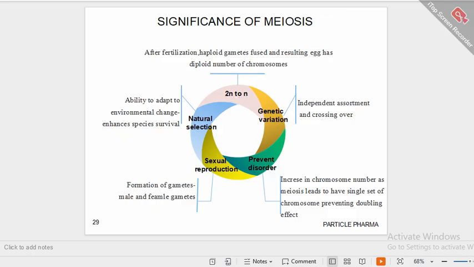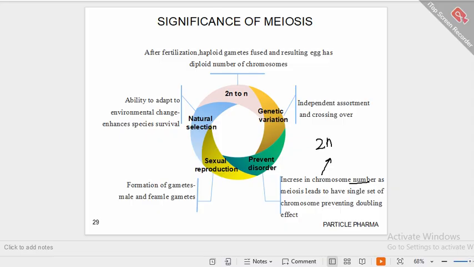Next is preventing disorders. As an increase in chromosome number does not take place due to meiosis, it will prevent polyploidy, which I have already told you, and it also helps in maintaining the same number of chromosomes in all the cells.